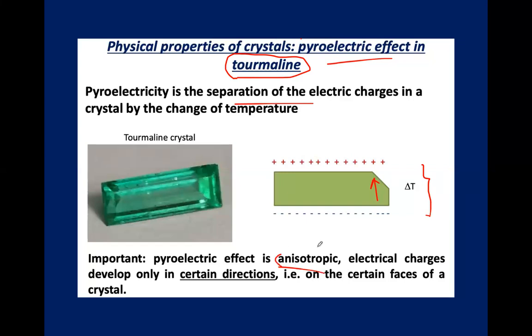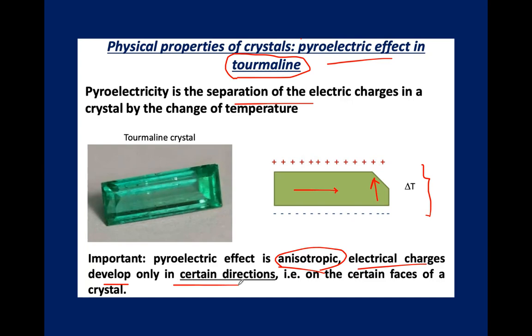That means it's not equal in all directions. In this direction it's one way, and in the other direction it is another way, right? That's because the electric charges are developed only along certain directions.